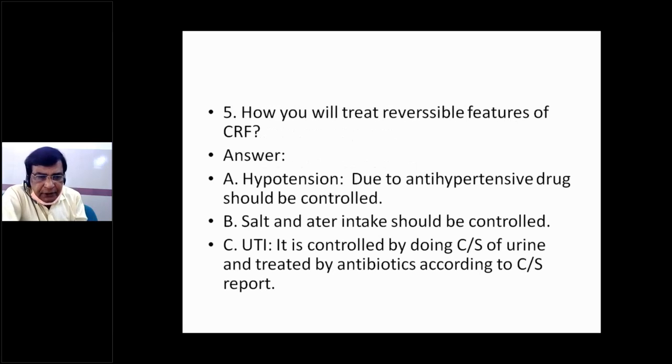So hypotension can occur due to misuse or over-treatment by antihypertensive drugs or diuretics. So we must be cautious regarding blood pressure. Salt and water should be controlled by restricting salt and water intake.